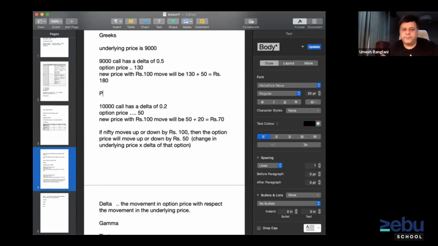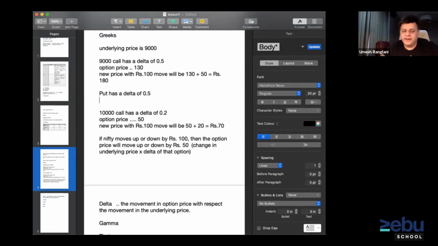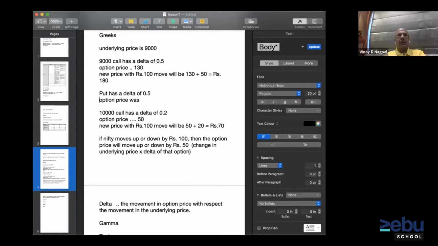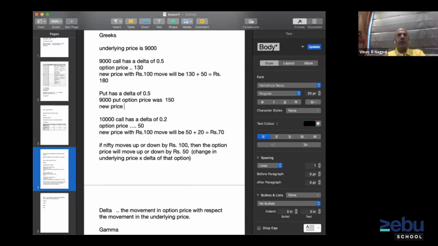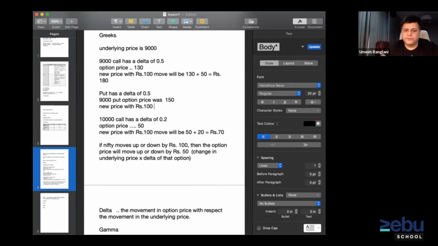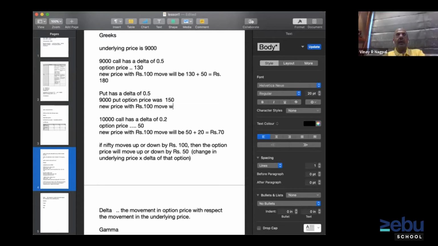So if the put has a delta of 0.5 and the option price of the 9,000 put was, let's say, 150, the new price with a 100 rupee move will be 150 minus 50, equal to 100 rupees.